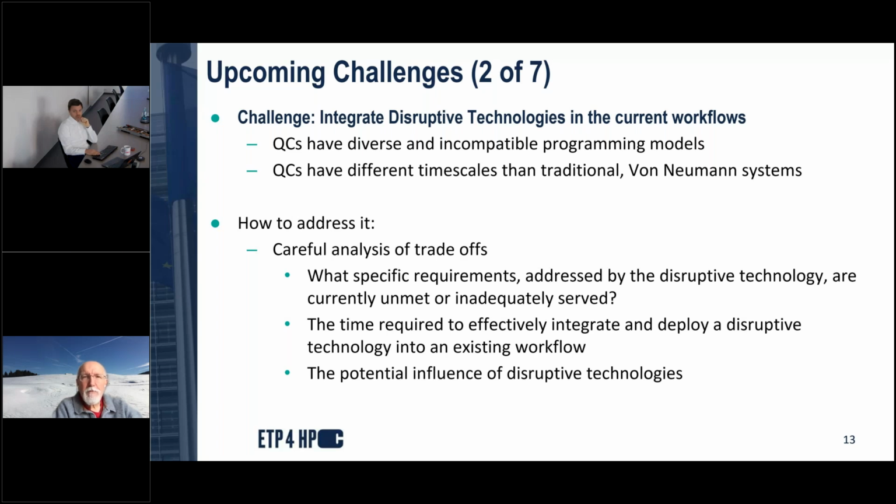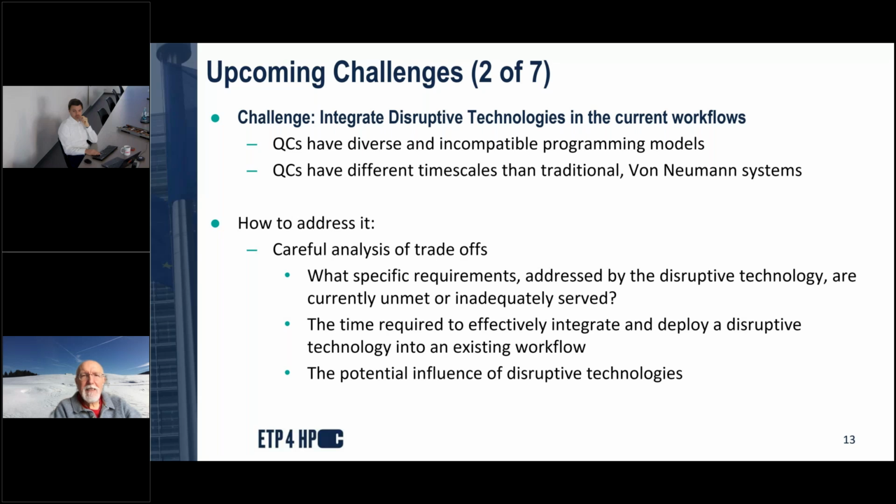And this requires a careful analysis of the trade-off among different parameters. So what kind of specific requirements are addressed by these different disruptive technologies, and why these requirements are not met by the current von Neumann system.